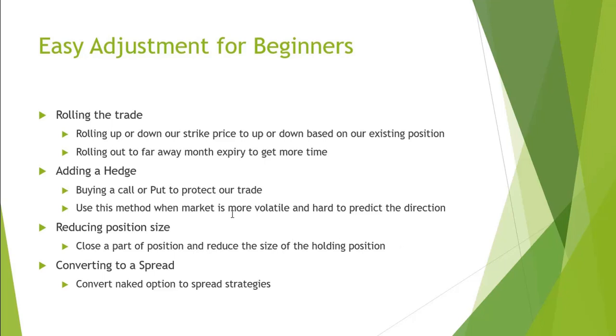And the third point is reducing the position size. Just for an example, if you're holding 10 lots and the trade is going against us, or in favor of us, whatever happens, after a certain period of time we can reduce the position size. Instead of holding 10 positions, we can close 5 existing positions and hold only the balance 5, so that if you are in profit, we have locked in 50% of the profit in that trade, and we risk only 50%.